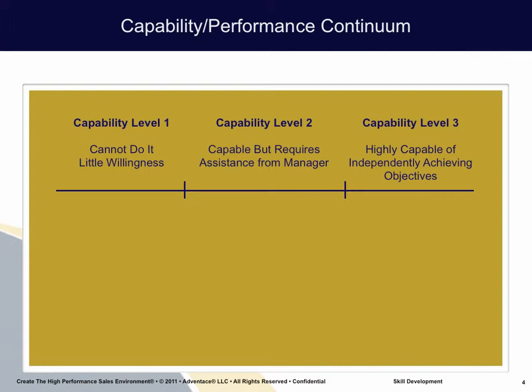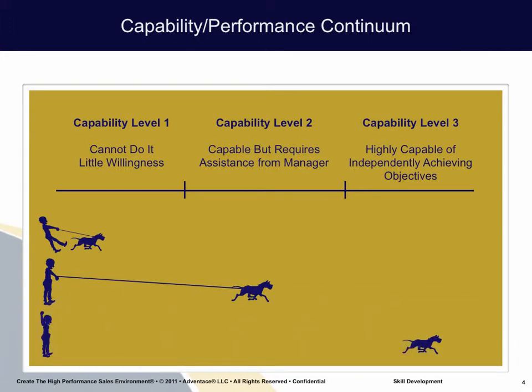How should a manager manage to a level 1, 2, or 3 performer? Well, to properly align with the needs of their seller, who's at level 1, they should use a management method that keeps a pretty tight, metaphorically, keeps a pretty tight leash on the seller. Staying with that metaphor, they can loosen the leash on a salesperson as their capability level progresses to a 2 and then on to a 3.